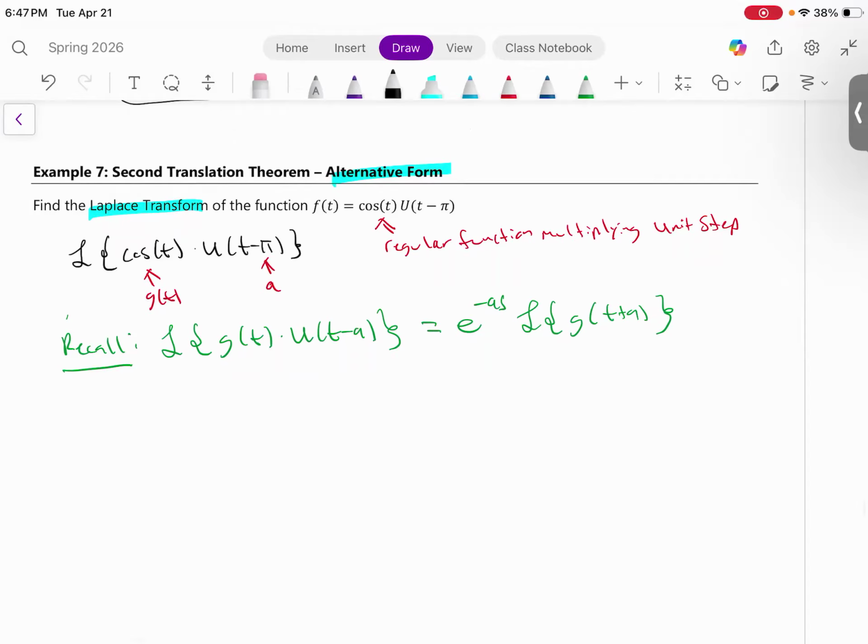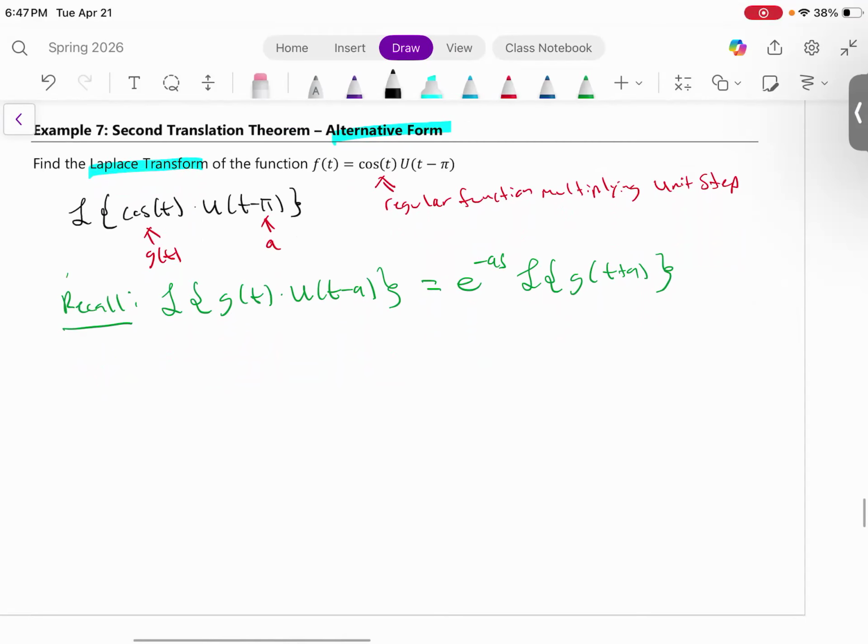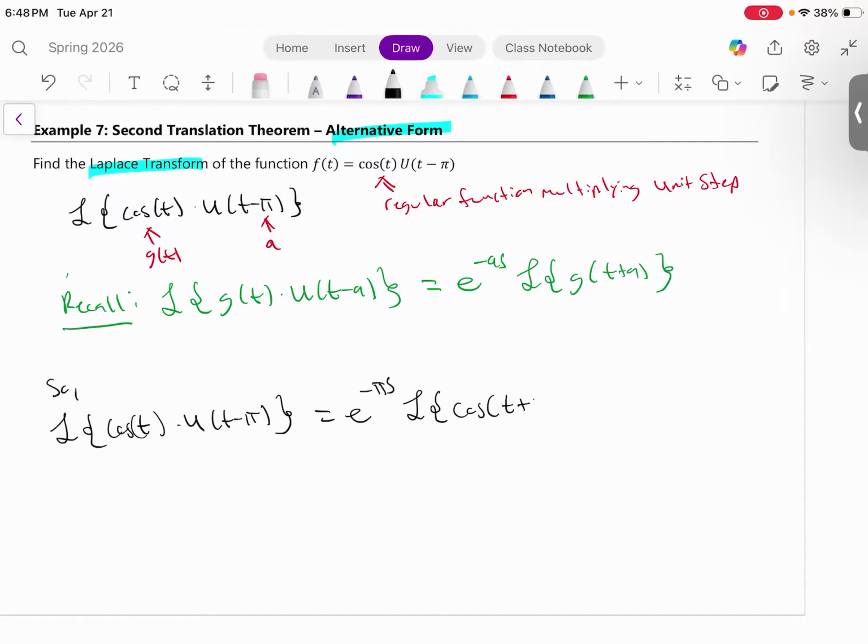So the Laplace of this function, cosine t times u of t minus pi, is going to equal e to the negative pi s times the Laplace of cosine of t plus pi.